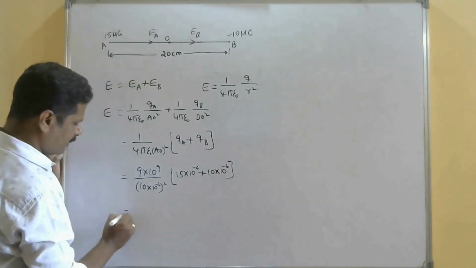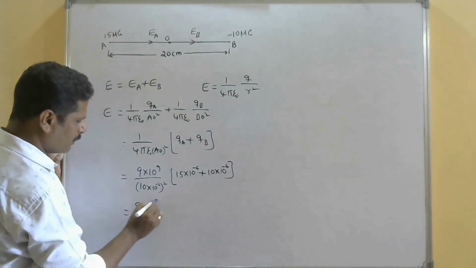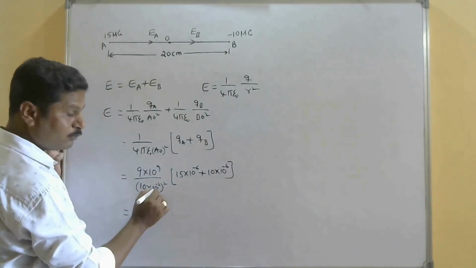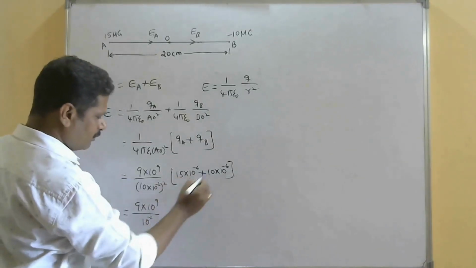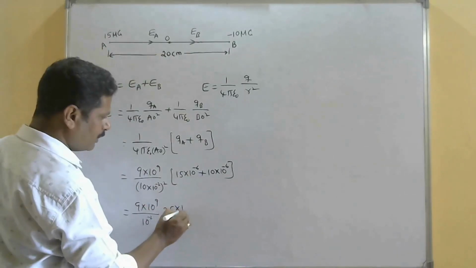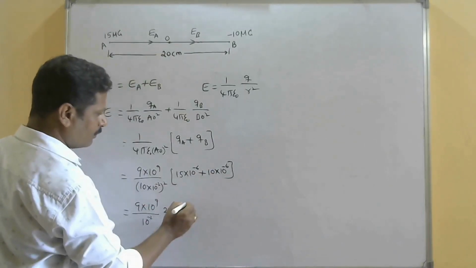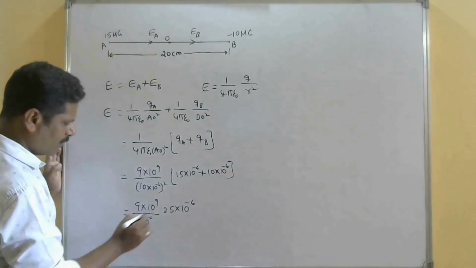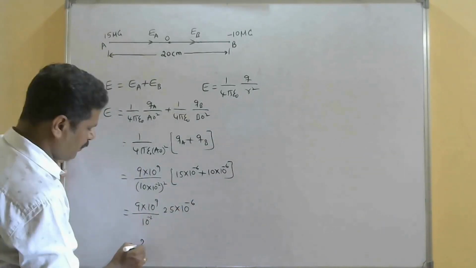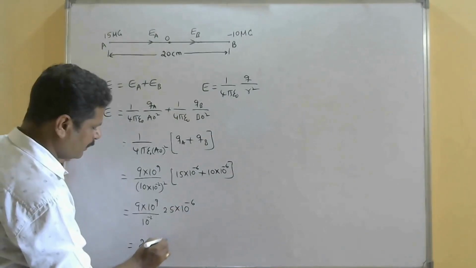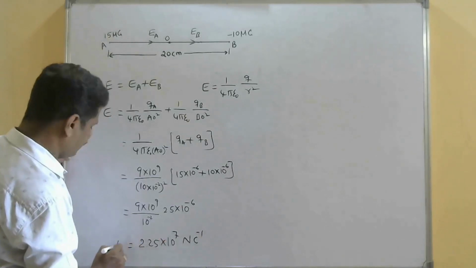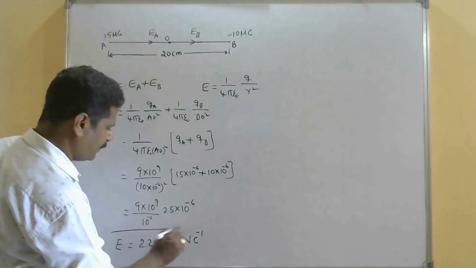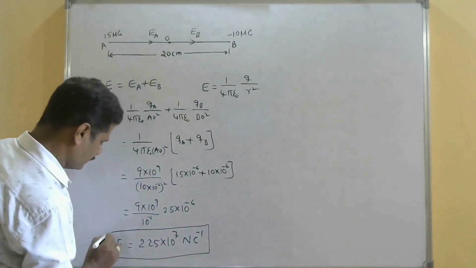On simplifying, we get 9 into 10 raised to 9, and 10 into 10 to the power minus 2 whole square is 10 to the power minus 2 only, and here 25 into 10 raised to minus 6. So on simplifying, we get 0.25 into 10 raised to 7 Newton per coulomb. This is the electric field at the midpoint of these two charges.